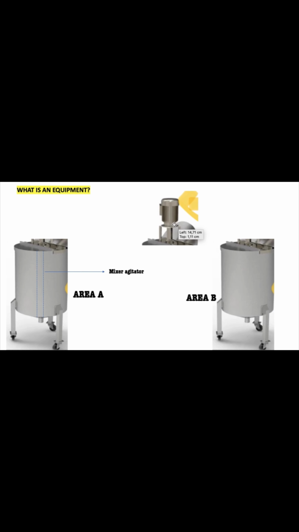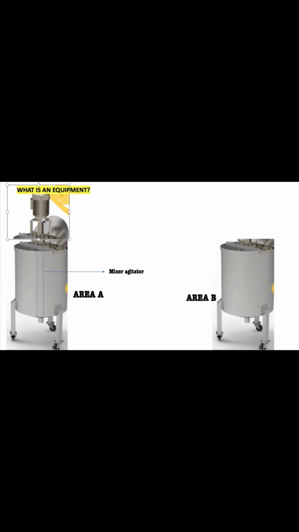So it means that when you hear the word equipment, it means whatever asset that is able to be replaced or can be relocated. But if that particular asset cannot be relocated, if I cannot move it from this location to another location, then it is not called an equipment.